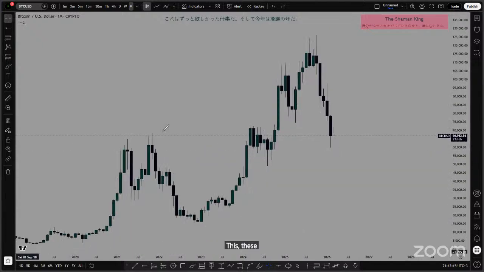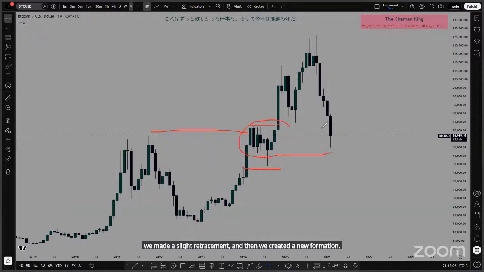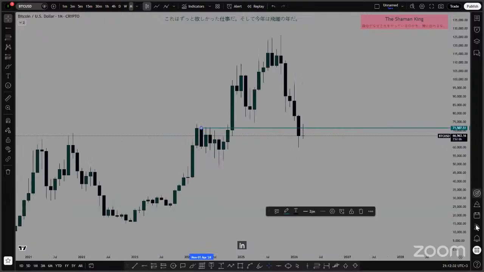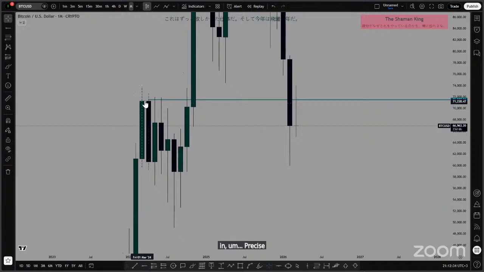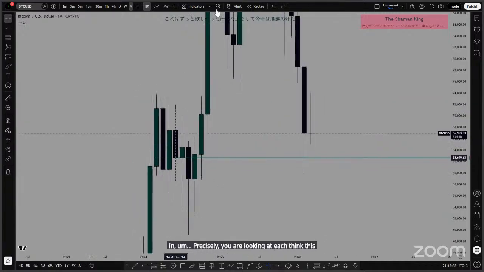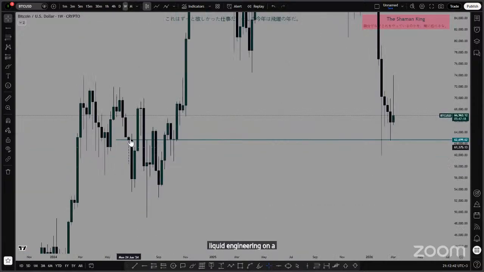we broke structure over here. This was an impulsive move, so we made a slight retracement and then we created a new formation. Price is currently at this area of liquidity. Looking at the liquidity engineering on the weekly perspective, we had precise.